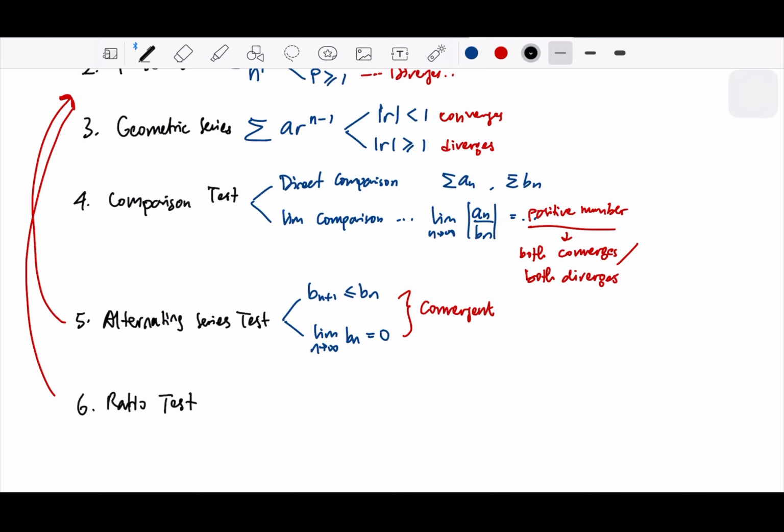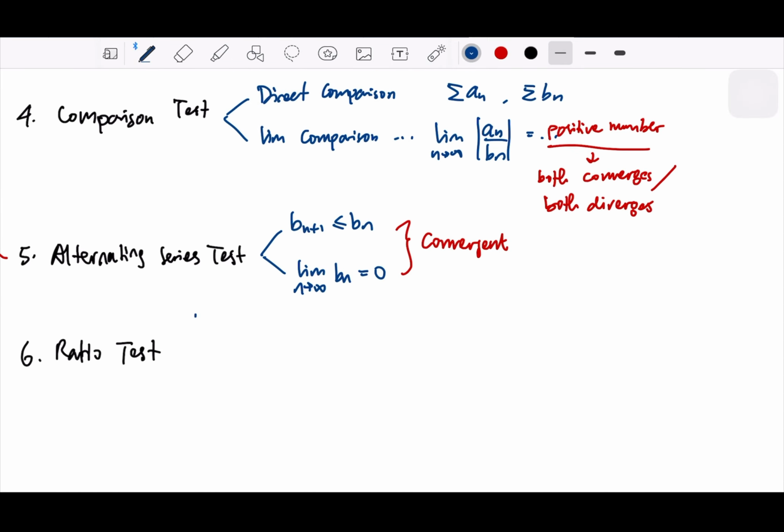Some ratio tests can be taken, and maybe you can directly go to the ratio test. So as long as you can take the ratio between a_(n+1) over a_n, okay.